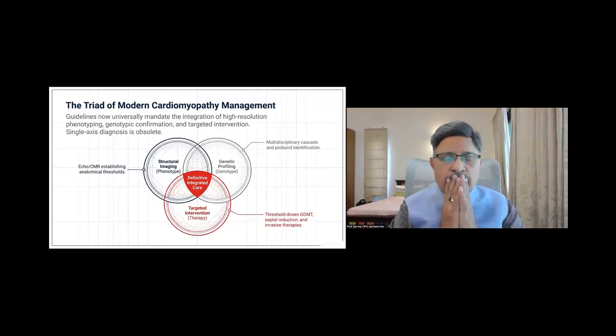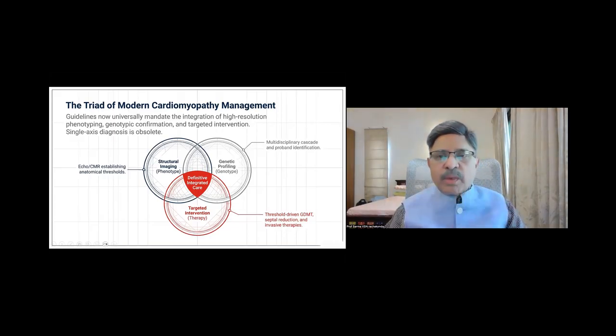Now, the triad of modern cardiomyopathy management. One is the phenotyping: structural imaging, and identify to which of the 5 phenotypes the patient belongs. Two, get the genetic profiling and the genotype. Then you have a definite diagnosis. A multidisciplinary cascade and proband case identification will be required.